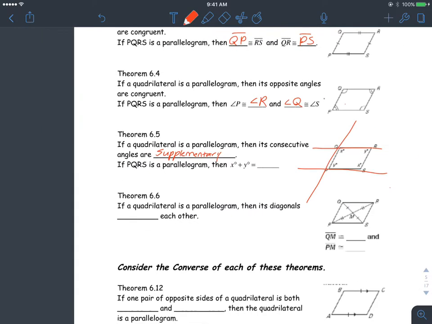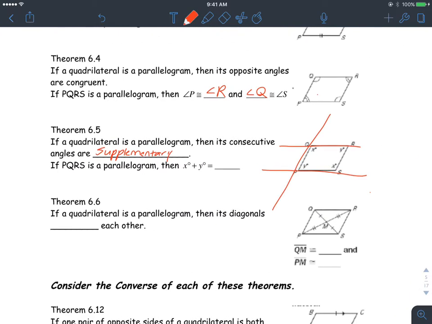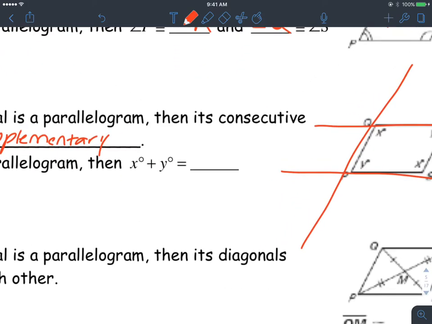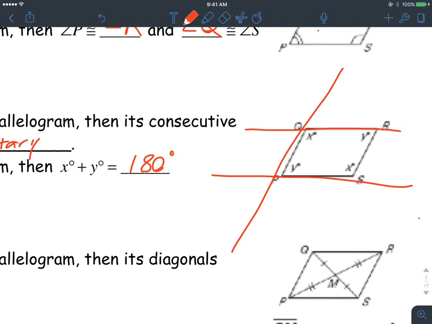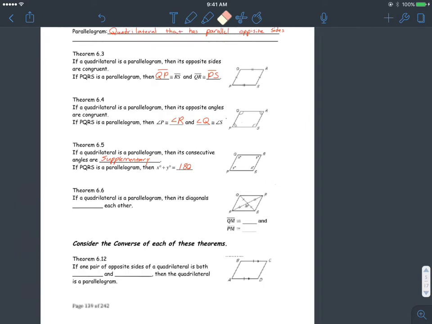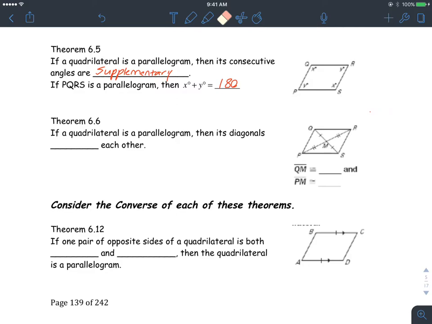We learned that way back when we were talking about consecutive interior angles when they touch parallel lines. So we can say X plus Y is equal to 180. There are also other combinations. X plus Y right there is equal to 180. X plus Y right there is equal to 180. Every side-by-side angle is going to be supplementary.